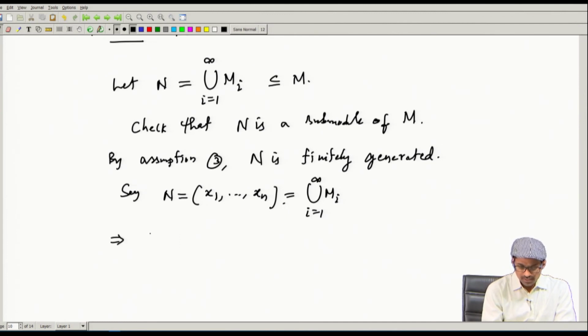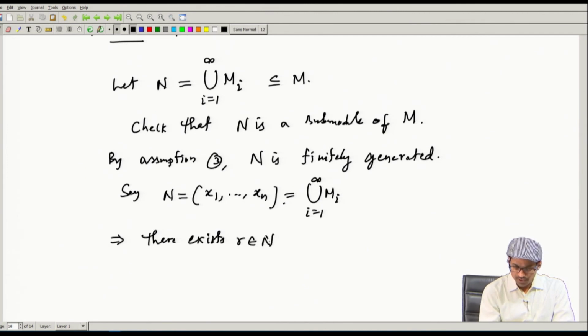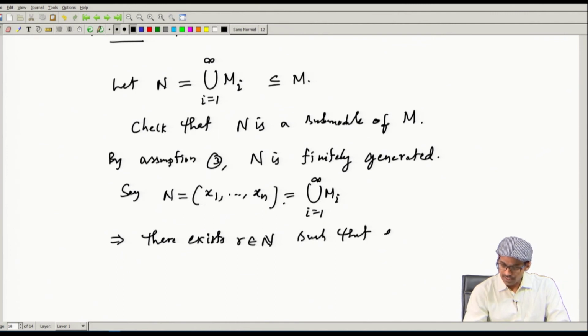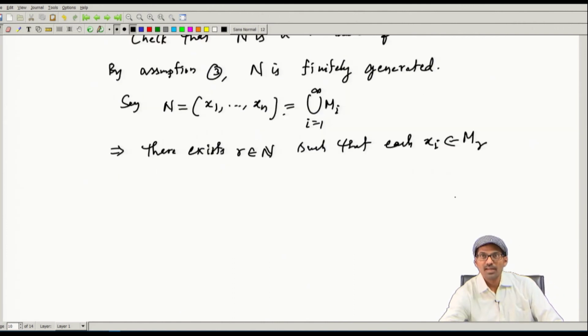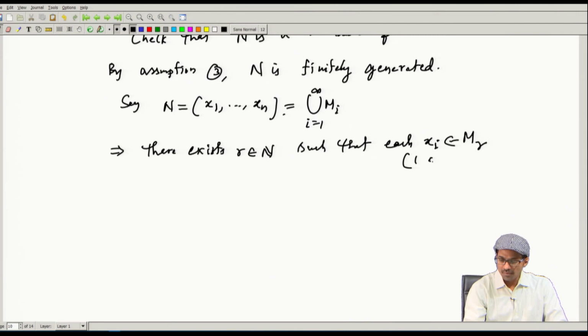So, this implies that there exists an r, a natural number, such that each xi belongs to Mr. Each xi belongs to Mr, 1 less than or equal to i less than or equal to n.